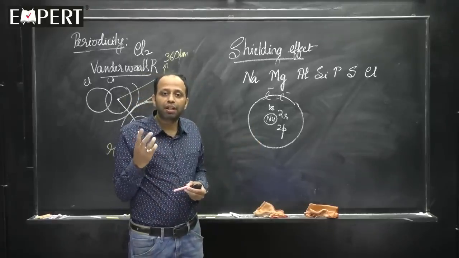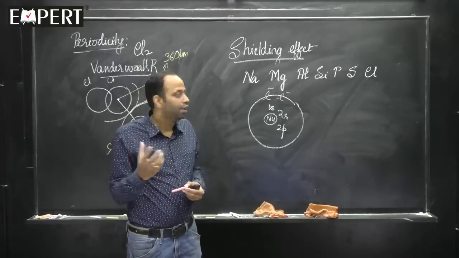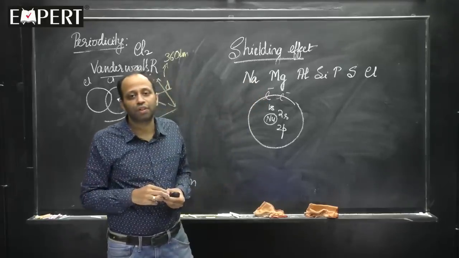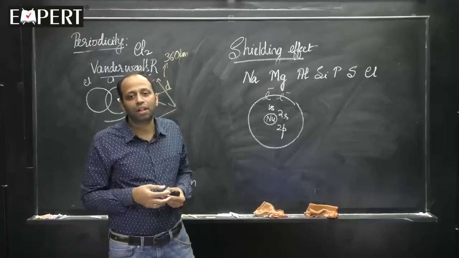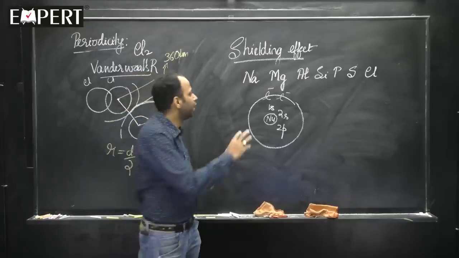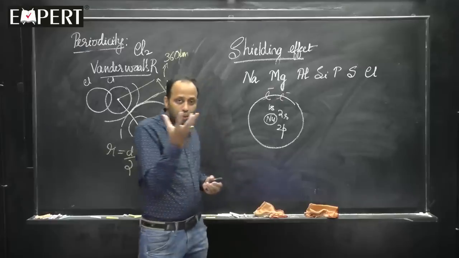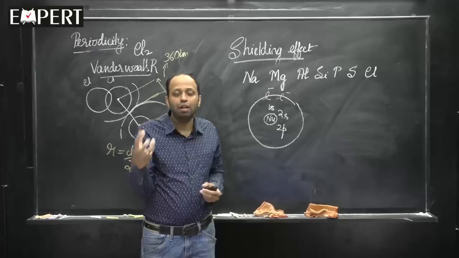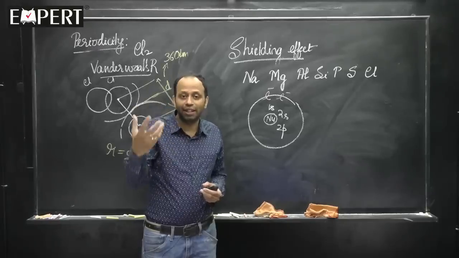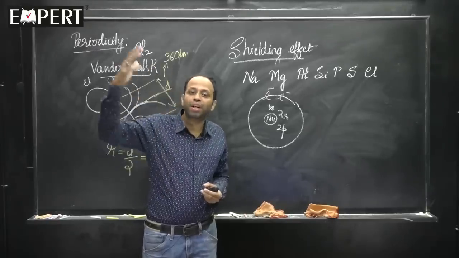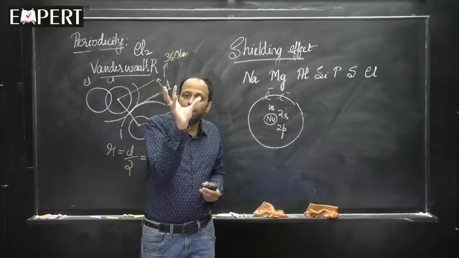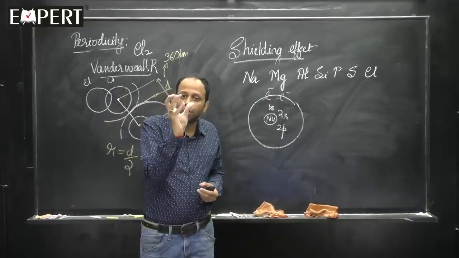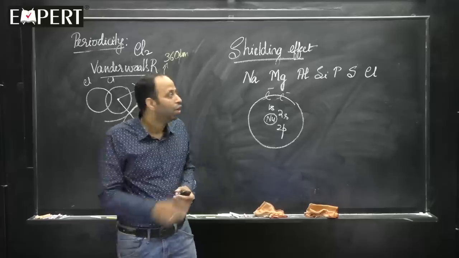So, in case of sodium, magnesium, aluminium, silicon, phosphorus, sulfur and chlorine, the shielding effect will remain the same, and because of this the nucleus can attract the electrons more easily. The nuclear protons are increasing, electrons are not moving any farther away. The force of attraction will increase, and because of this the size of the atom will become less.